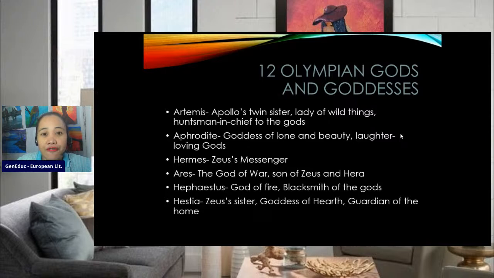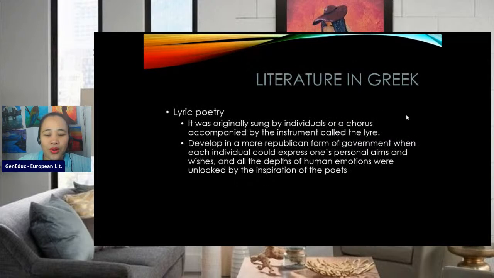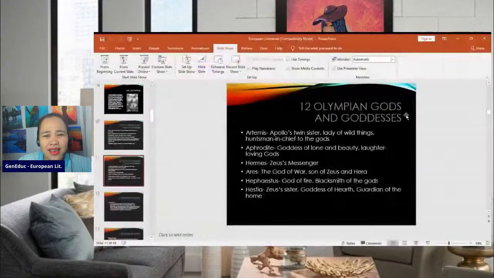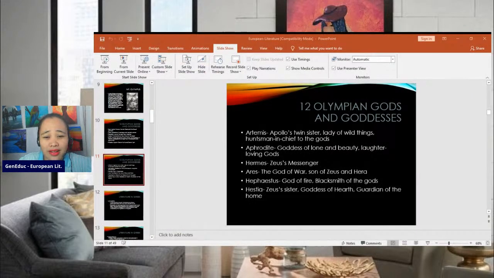Hephaestus, god of fire, blacksmith of the gods. Hestia, Zeus' sister, goddess of the hearth, guardian of the home. So as you can see, there are these gods and goddesses, and we tend to love the story. It's nice to watch when they bring out their powers.